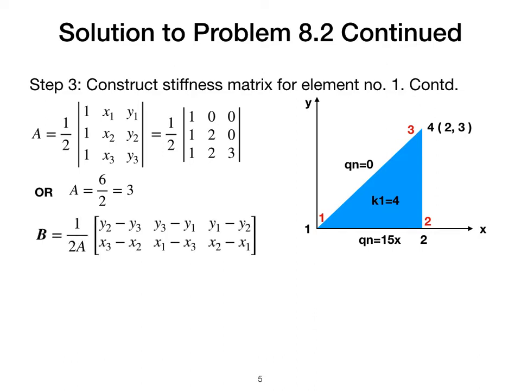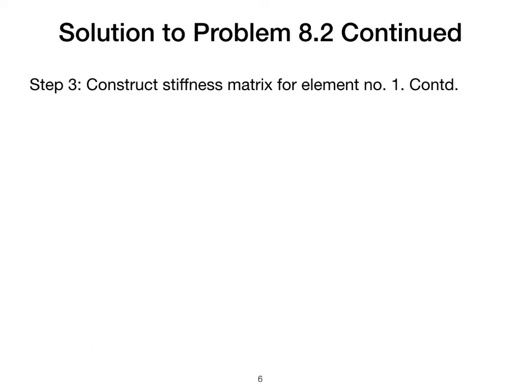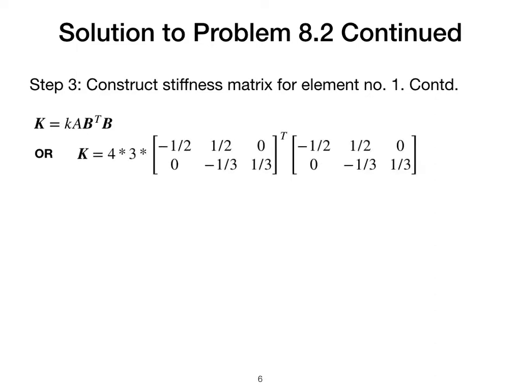Then the B matrix, we use the formula as shown here, and the corresponding values we get, final value of B is a matrix containing minus half, half, 0, then 0, minus 1/3, 1/3 as members. So based on the B matrix, we can now calculate the stiffness matrix.